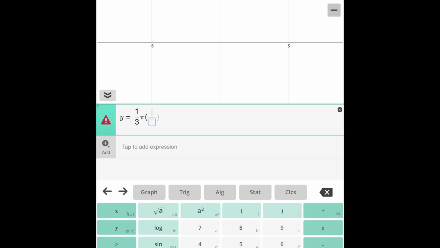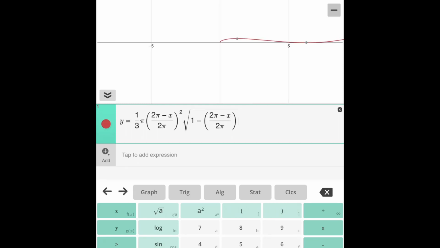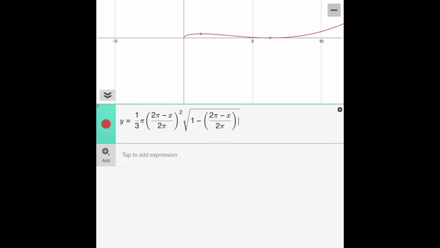It's going to be y equals, so y replaces volume, 1 divided by 3 pi times ((2 pi minus x) over 2 pi) squared times the square root of 1 minus ((2 pi minus x) over 2 pi).